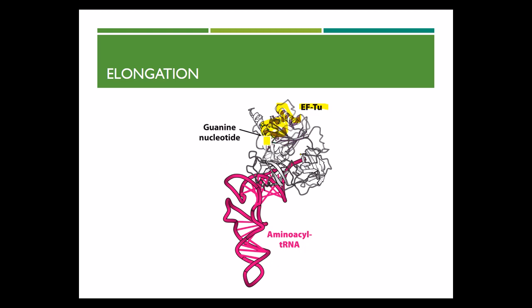And the highlighted region right here is your bound guanine nucleotide. With it binding to all 20 types of aminoacyl transfer RNAs, this must mean that there is a common recognition element in the structure of transfer RNA. The recognition site is found in the T psi C loop of transfer RNA.